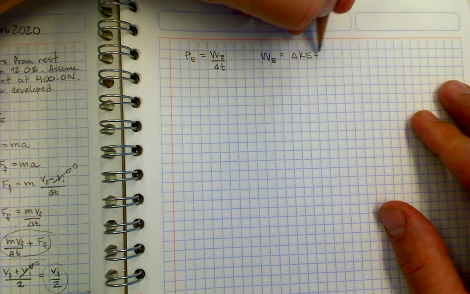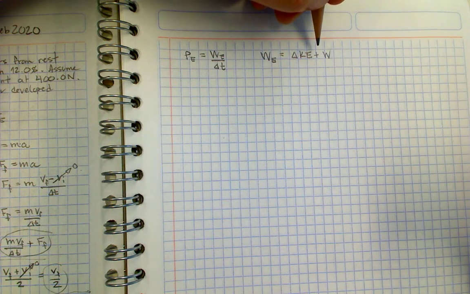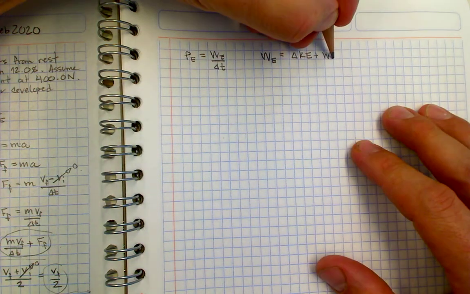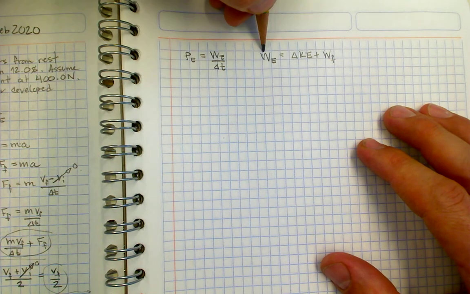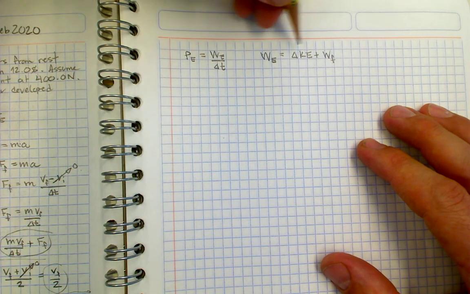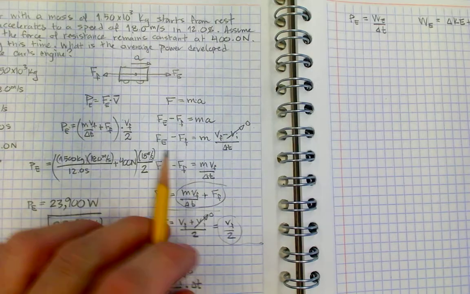But we also have to do the work to overcome friction. And so really the work that the engine does is the combination of these two things. And you got to think about it from an energy standpoint and conceptually, like the same thing we were doing with the force over here.